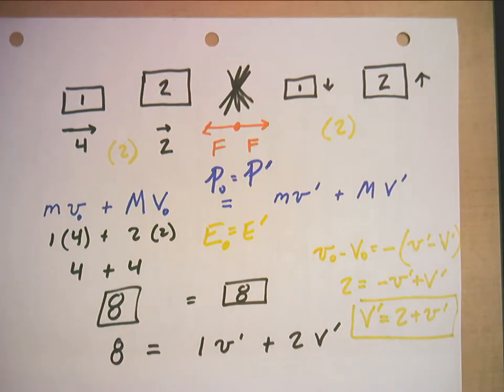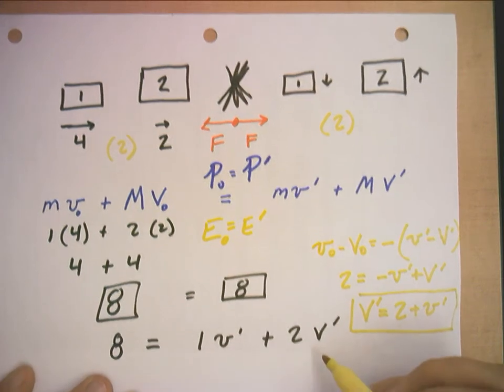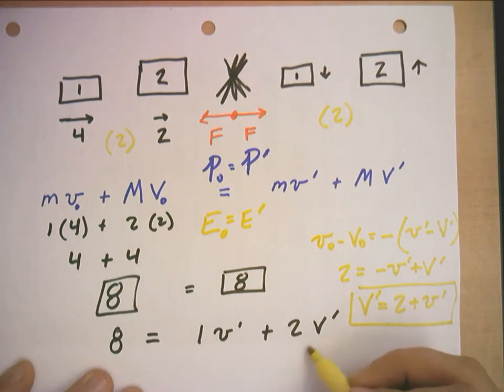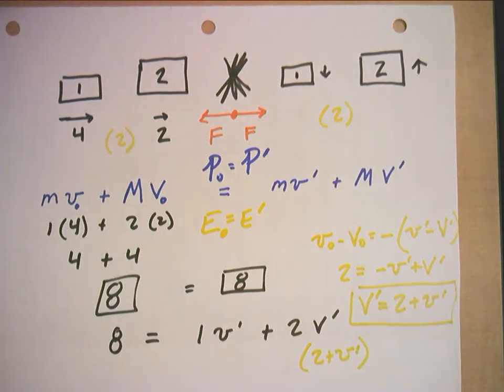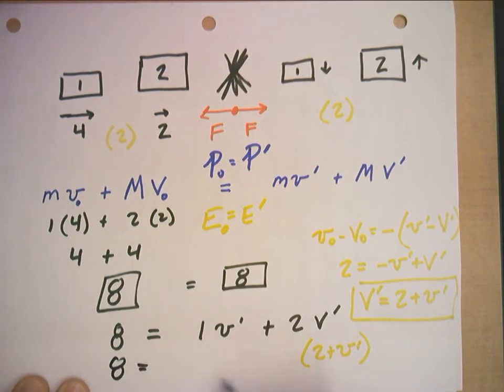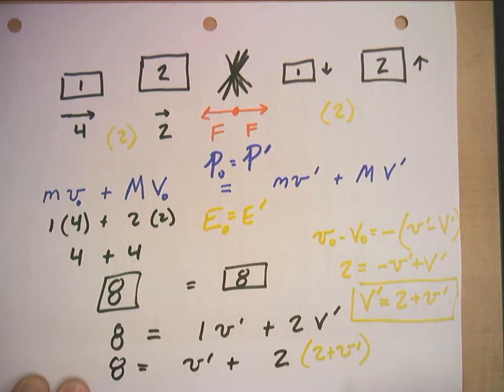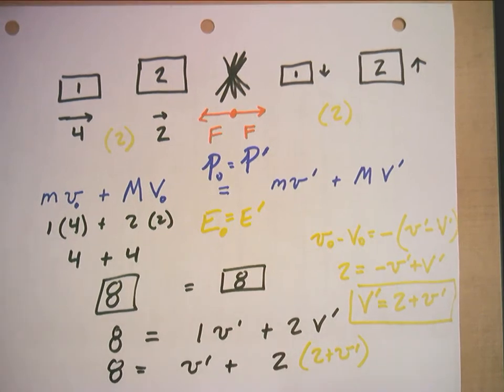So we can use that expression right here to replace big V. So if we put in 2 plus little v prime right there instead of big V, and then we just write everything that we had before, 8 equals little v plus 2 times 2 plus little v.